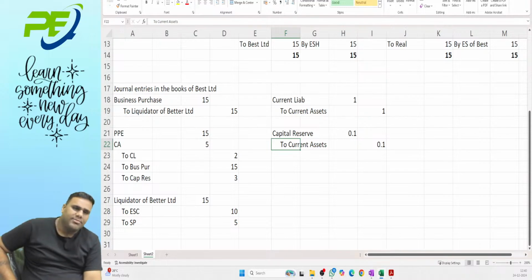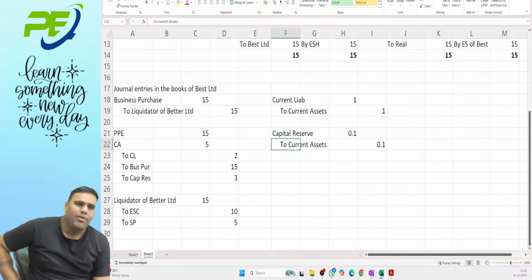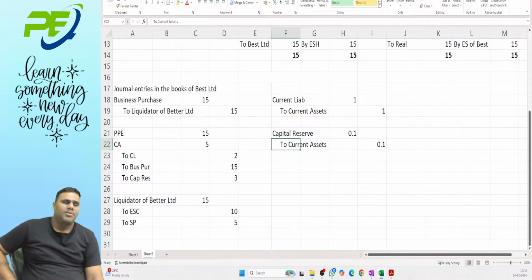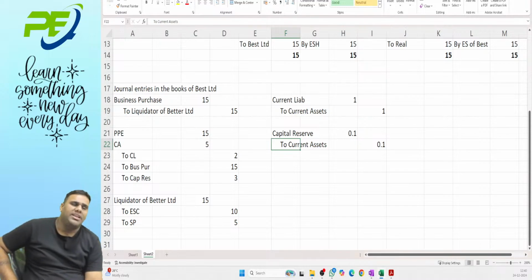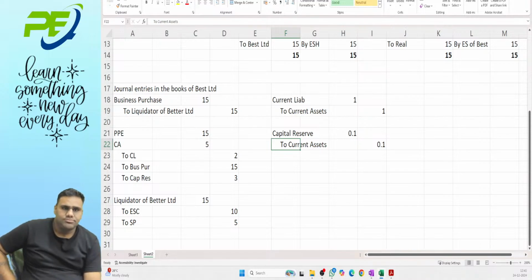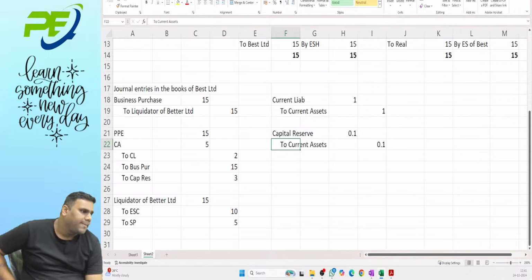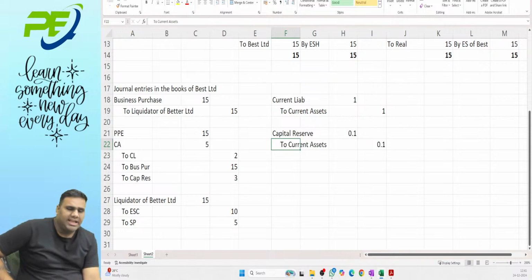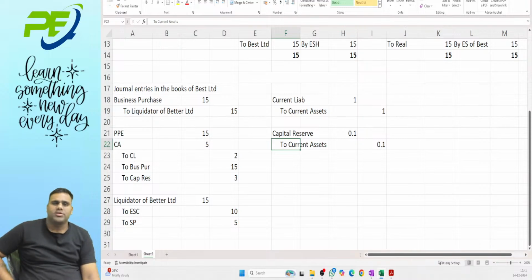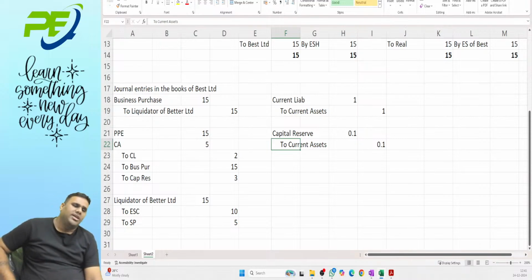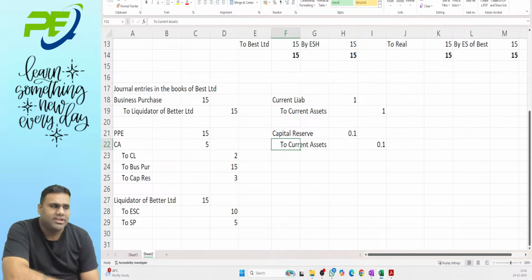And last, in that same seventh point, seventh subdivision, unrealized profit in stock. Profit is there, but we have not sold, so it is unrealized. Goodwill or capital reserve to stock. Here, because we don't have stock, we have used current asset. Otherwise, it is stock.